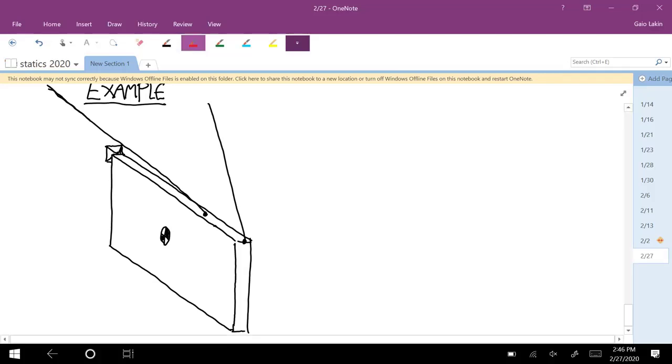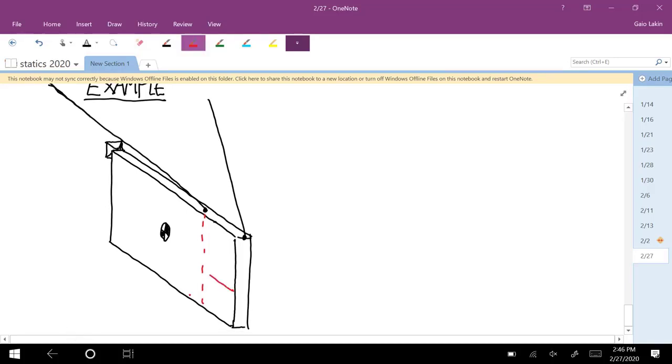We know that it's 1/2 meter from the end to where that second cable is applied. And it's 2 meters from that line back to the back.